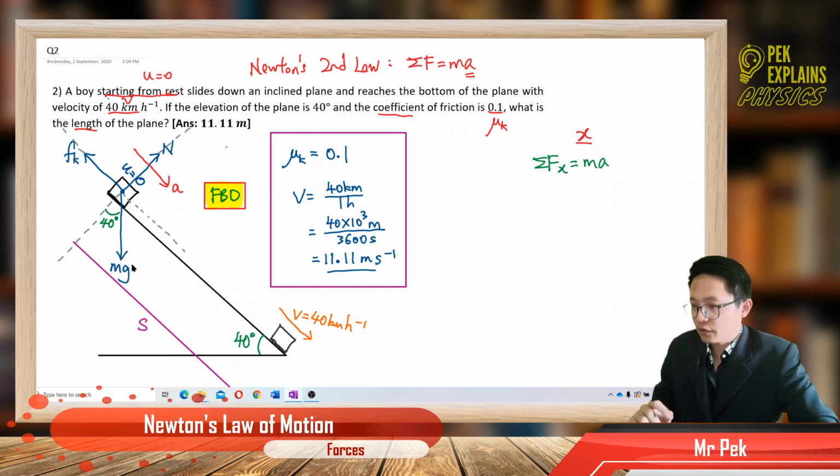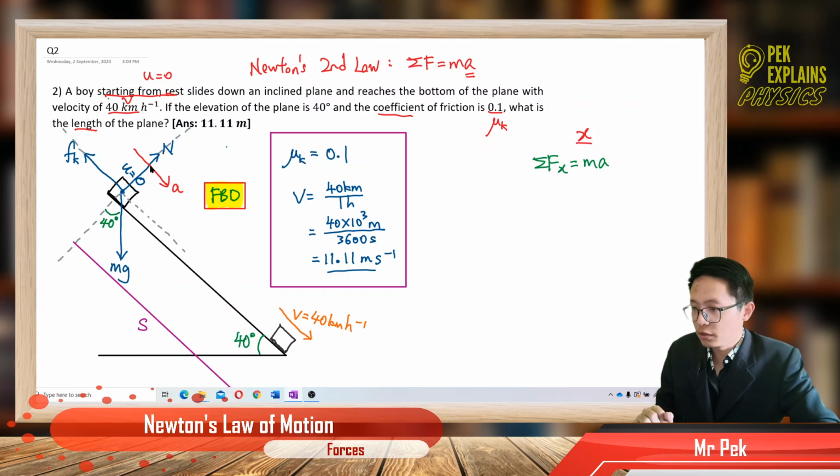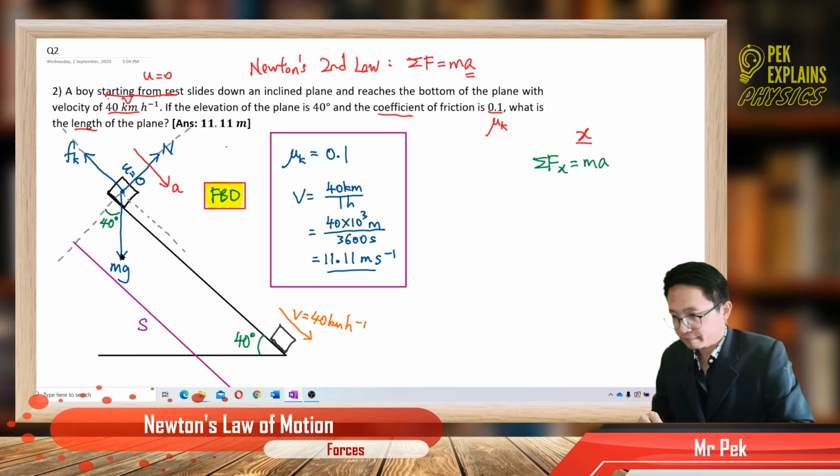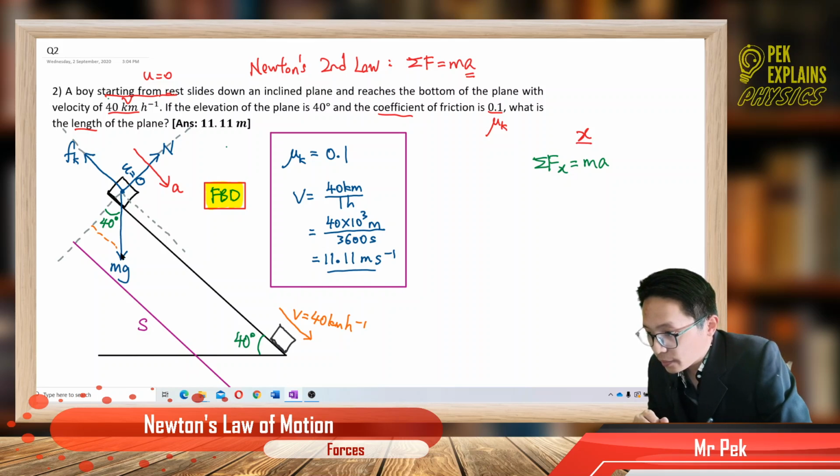Before we move on, resolve all the forces into x component and y component. The normal force is already in the y component, friction in the x component, but mg is not yet in x and y components, so we need to resolve it.